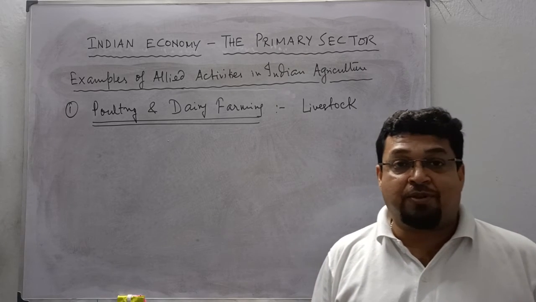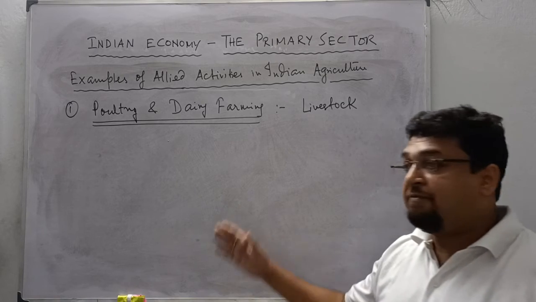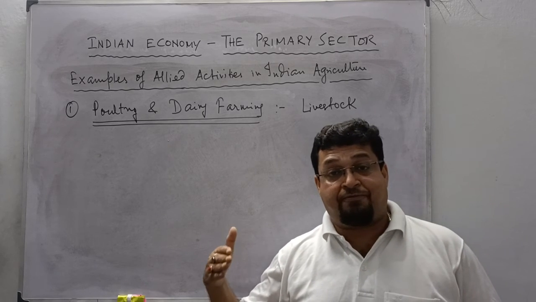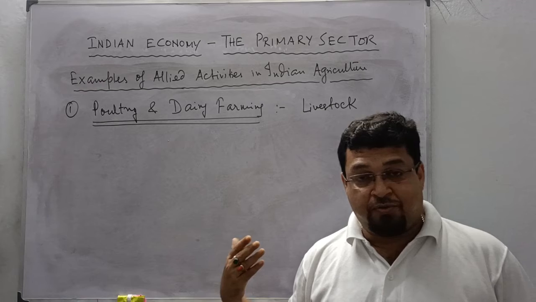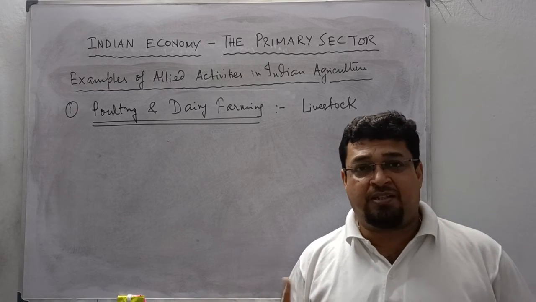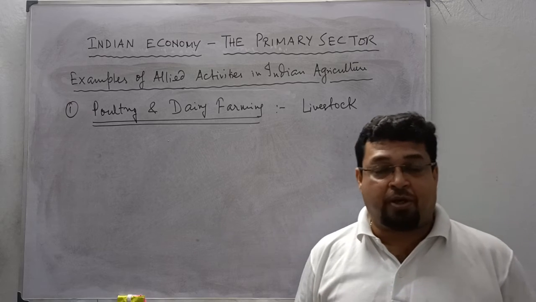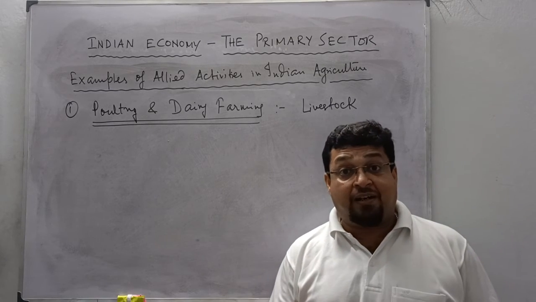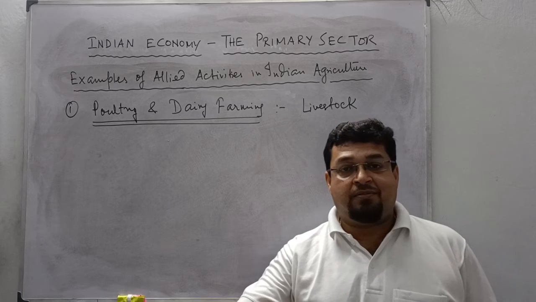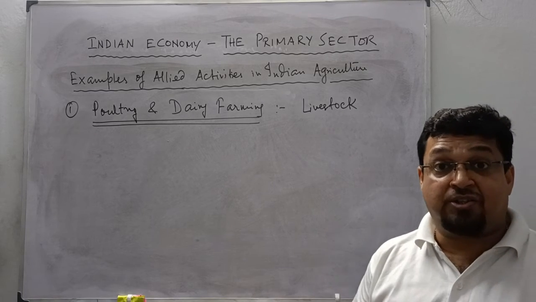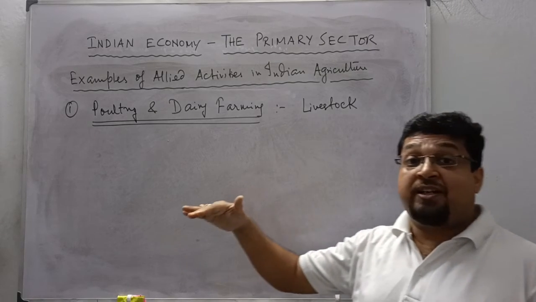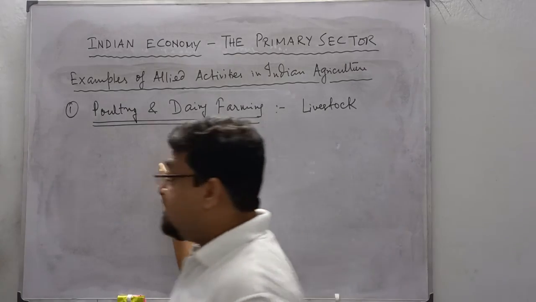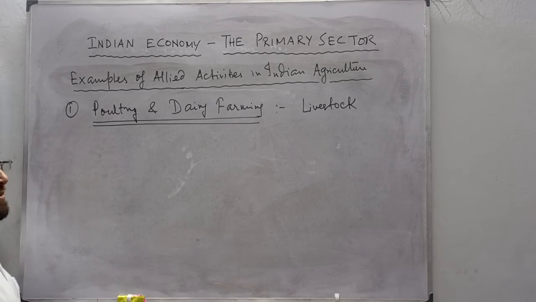With dairy farming you have milk products, from your favorite Cadbury's to butter, cheese, biscuits, paneer and all. These are used directly or indirectly as daily food items and in various other industries too. So poultry and dairy farming are very prominent allied activities in Indian agriculture.